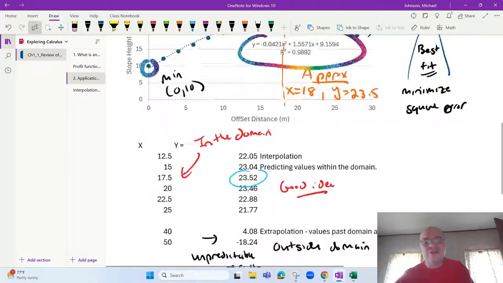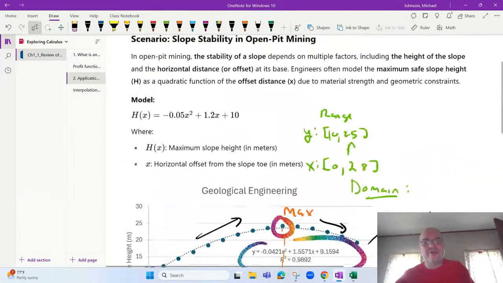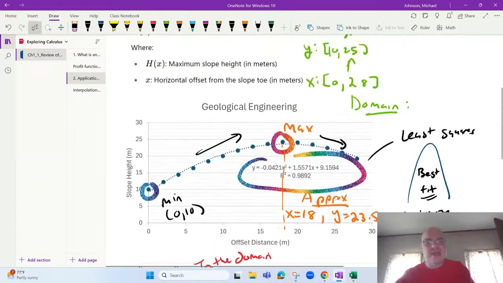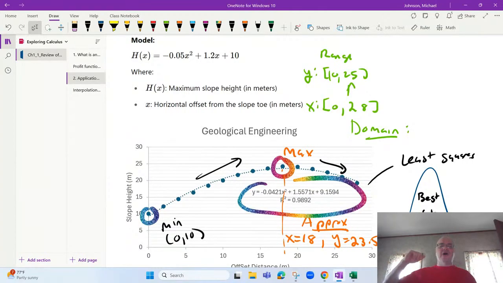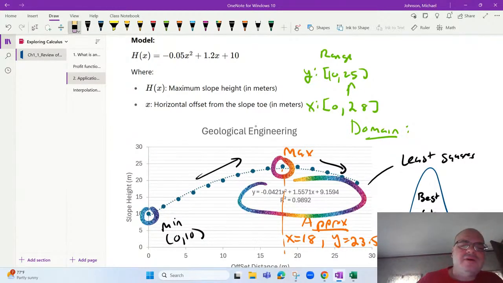Zeros of the function. There is only 1 zero of the function. It's rather predictable here. It's at x equals 0. At x equals 0, it seems like we have a y-intercept at 10. So if you're interested in zeros of the function, you have an intercept at about 10, or really 9 point something. The minimum point we could say is at 0, 10.